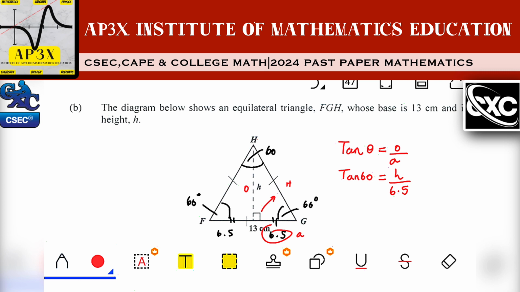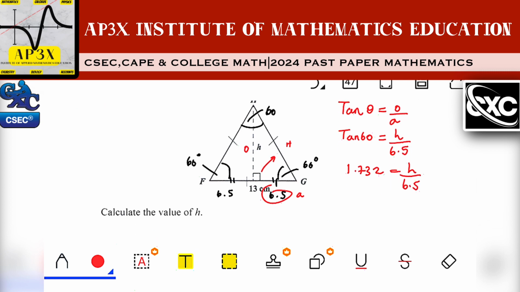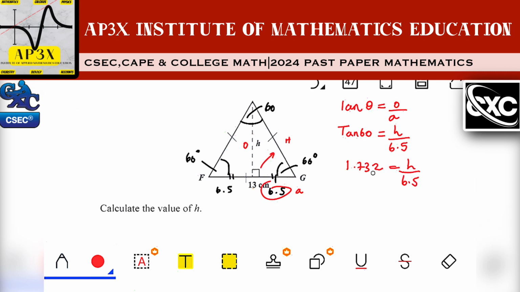All right, so if you go on our calculator then and we find tan 60, we'll find that tan 60 is 1.732, and therefore that's going to be equal to h over 6.5. And of course the rule is that once your unknown is at the top of the equation, then we're going to cross multiply.